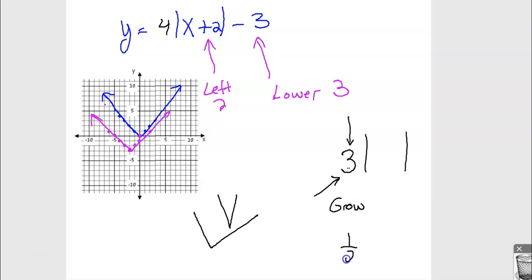If the number out here is a fraction that's less than 1, then it's going to make it wider. So a big number is going to make it a thinner graph, and a fraction is going to make it a wider graph. And that's how you transform any type of function as long as you know the basic parent function.